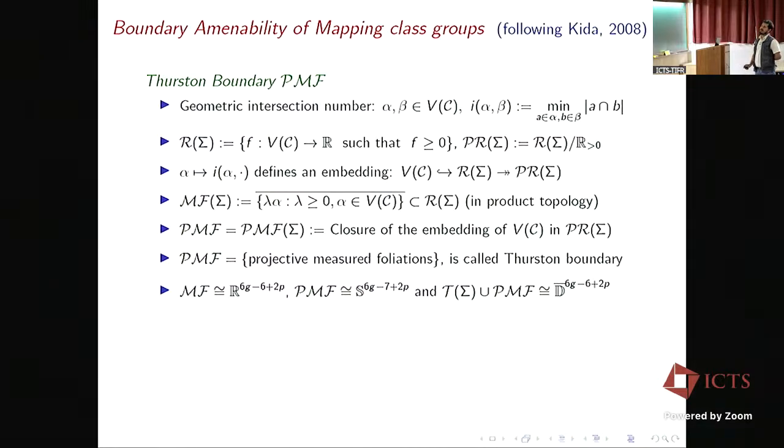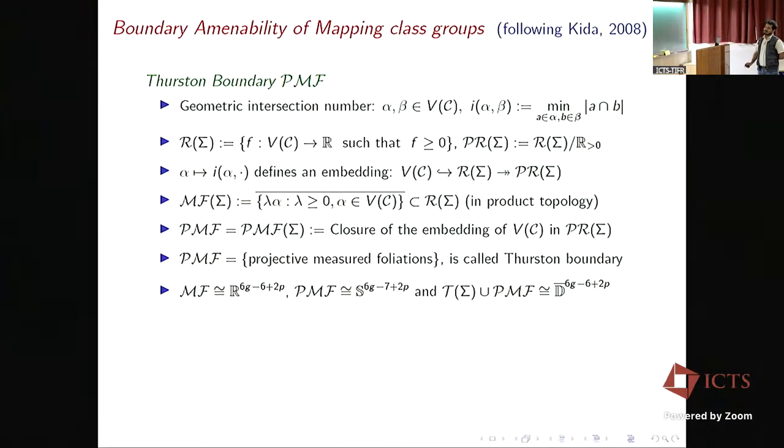Here now I consider this embedding. I embed the vertex set of the curve complex inside this function space, and then I have a quotient map from this space R sigma to PR sigma. So I get an embedding from the vertex set of the curve complex inside PR sigma.